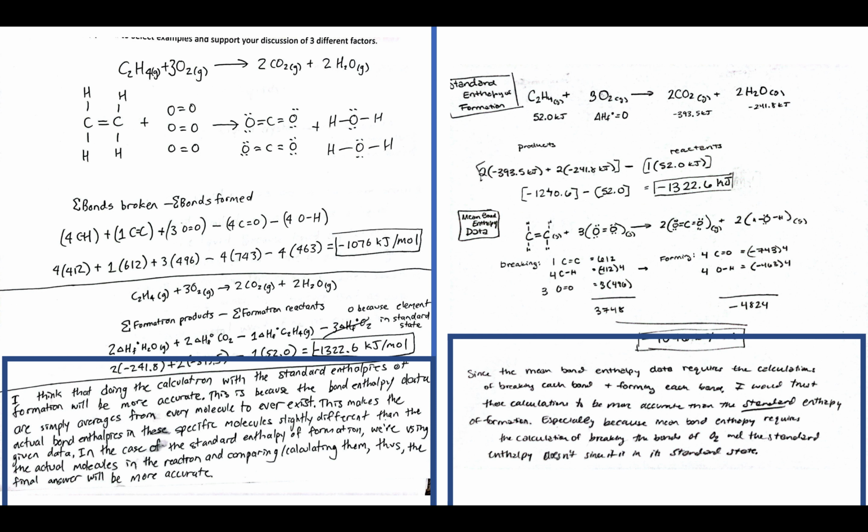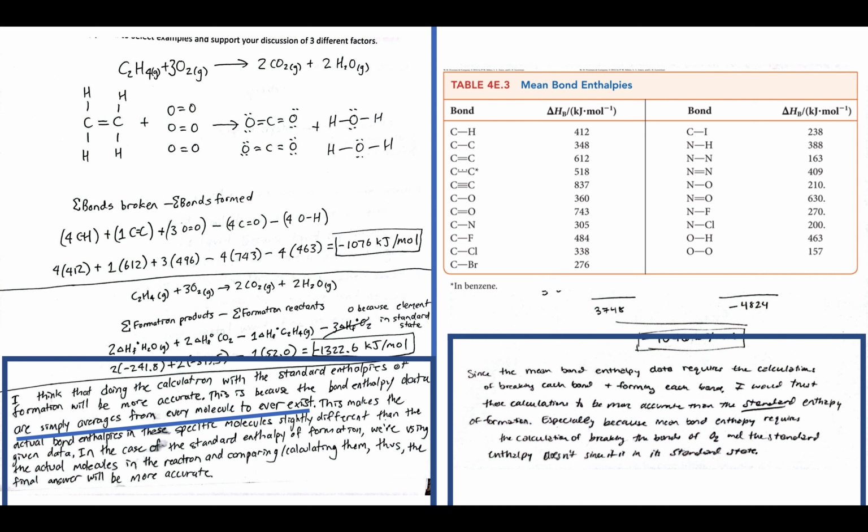So the student on the left is favoring the standard enthalpy of formation, and the one on the right thinks that the bond enthalpy would be more accurate than the standard enthalpy of formation. I'm going to come down and agree with the student on the left, because when we're thinking about mean bond enthalpy values, these are representative values for a lot of different molecules.